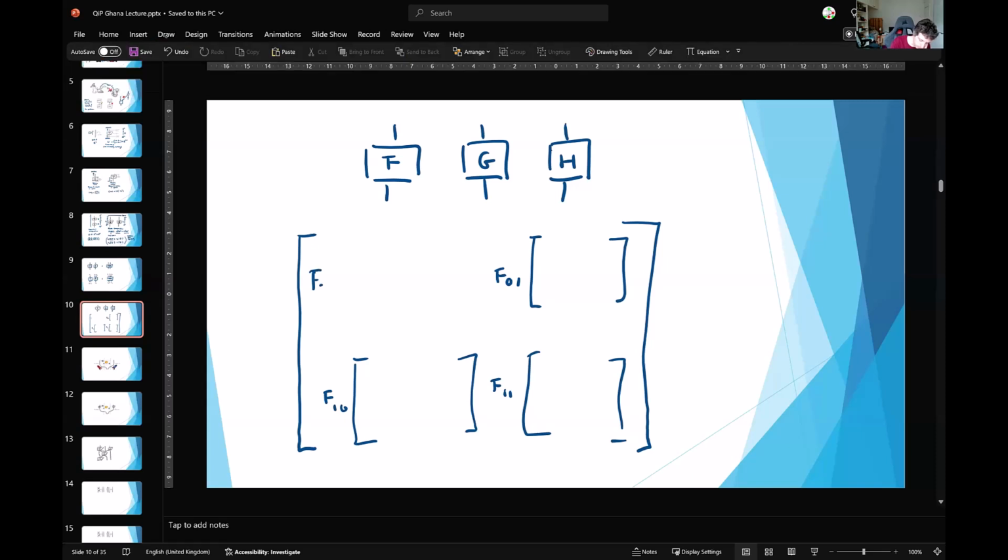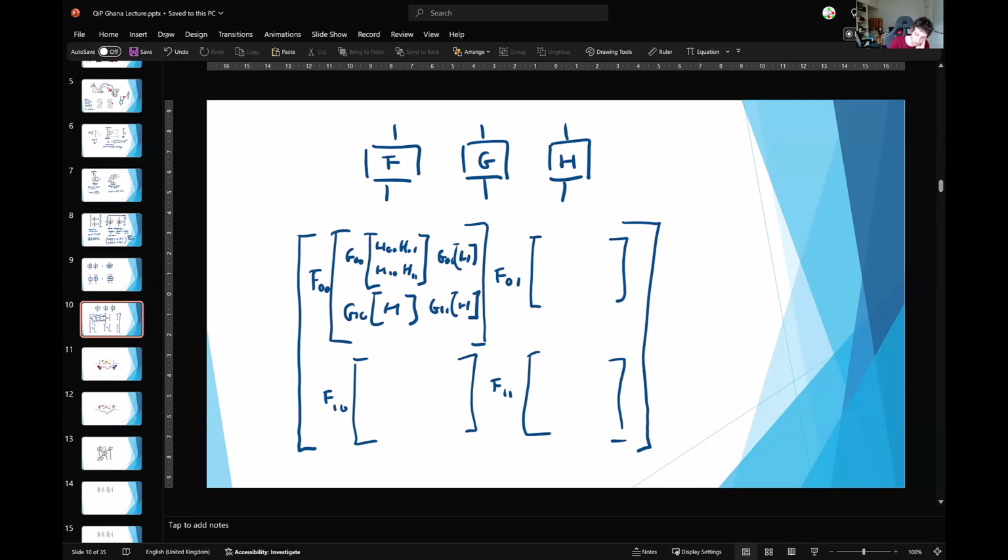So F00. Let me take as much space as I possibly can. G00. And then you have H00, H01, H10, H11. And again, G01, and then you have H here, G10, and then you have H, G11, and you have H. So this is a very big matrix, you see?